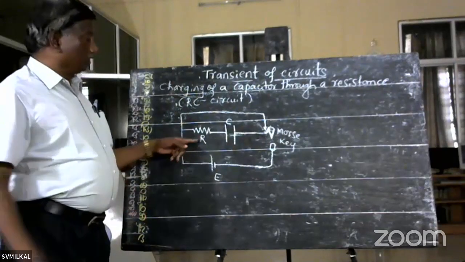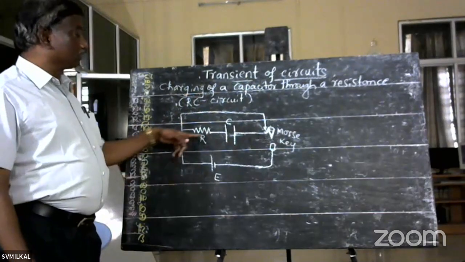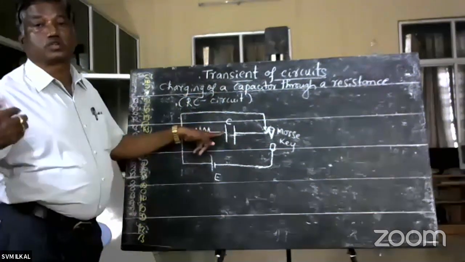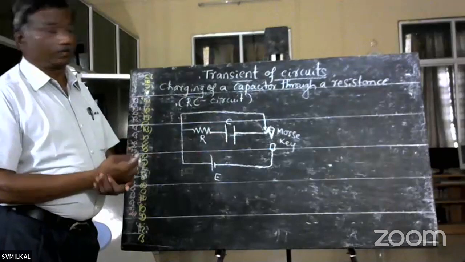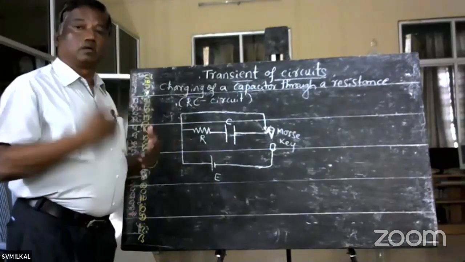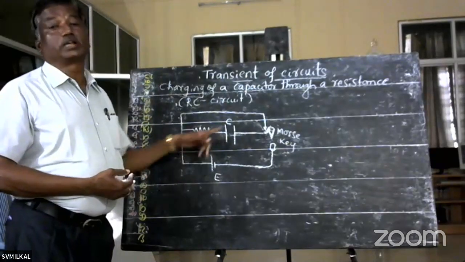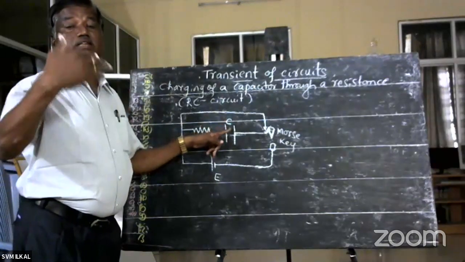Okay. Now, R and C are there in the circuit in presence of current. Automatically, the capacitor starts to charge. Okay. So, as the capacitor increases its charge, the voltage across the capacitor gradually increases.